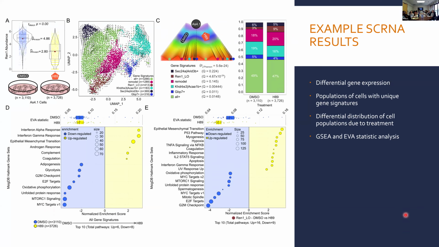So this is actually doing single cell RNA-seq on a cell line. We treated cells with this drug that inhibits protein kinase A, and we can show, as we expected and kind of knew, that renin expression is significantly decreased. And then here we're visualizing all the single cells.